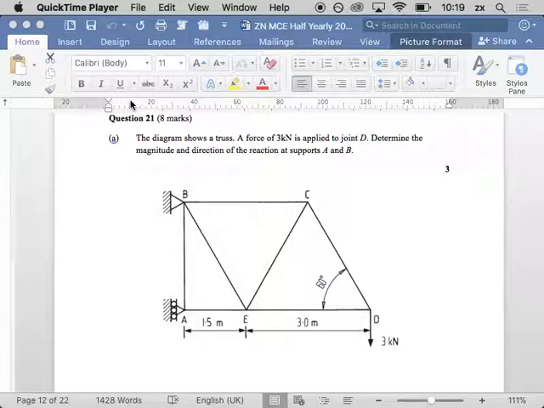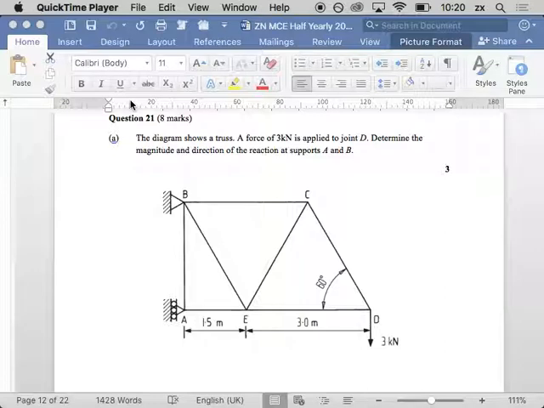If we start vertically, we're going to start off with RBV equals 3 kilonewtons up. What I would do is just draw 3 down and 3 as RBV. I would just do that.